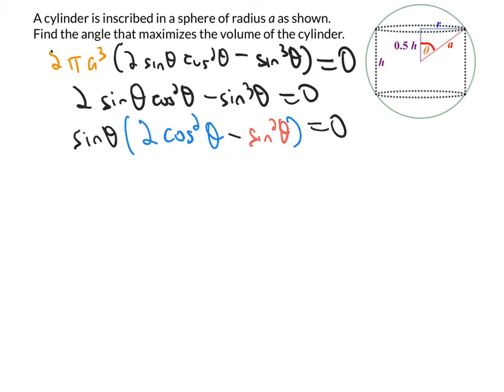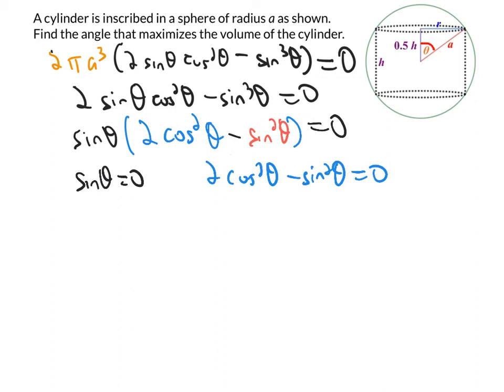That's an improvement because I've got two factors, and we'll be able to use the factor theorem later. But one of those factors is still not particularly pretty. What I have in here is now the two factors are either sine of theta is 0 or 2 cosine squared theta minus sine squared theta is 0. Because the factor theorem says if two things multiply to 0, one of them must be 0.